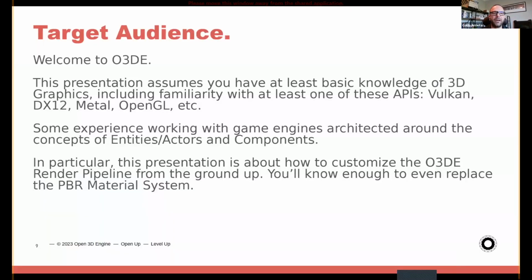And of course, the target audience is that even though you may not be familiar with O3DE, you're familiar with engines and how they work in general, and especially have some familiarity with the 3D graphics stack. In particular, understanding the concept of attachments versus resources, and when a resource is an attachment.